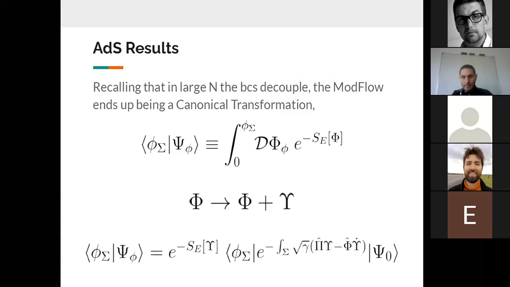So let me mention again to you that in the large N limit we could decouple the boundary conditions that appear here. Otherwise one will have to do something complicated.